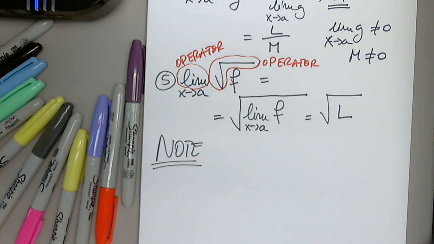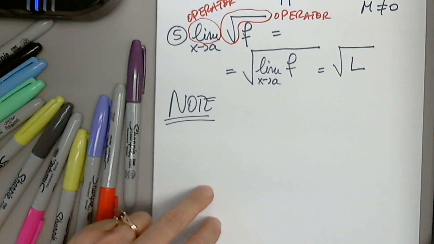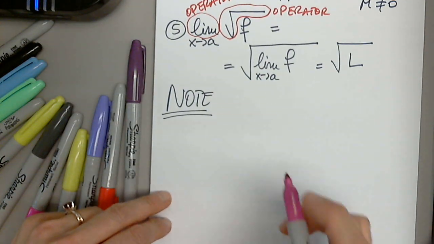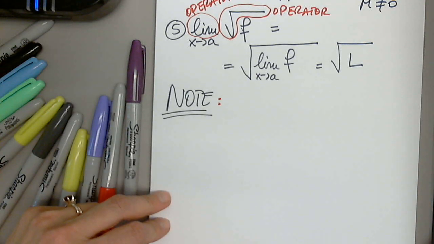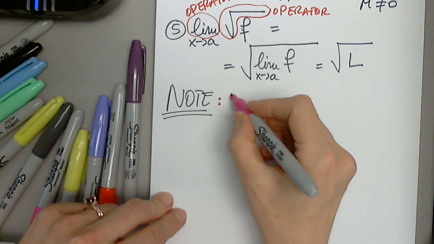This is a theorem that we will be looking at further down the road. It's not called the swapping of the operators, of course, but I just want to put a note in here so we can refer back to it when we get to this theorem.